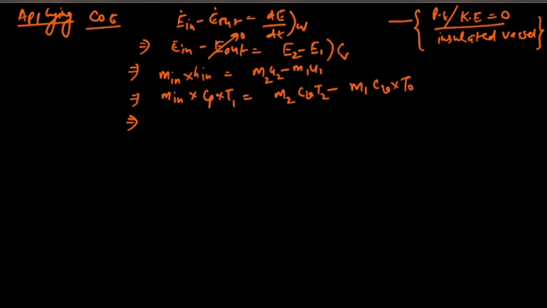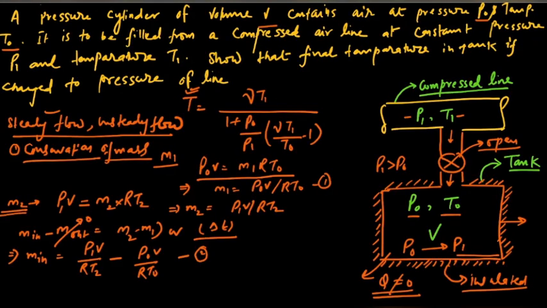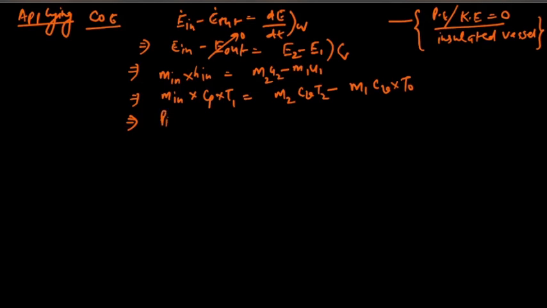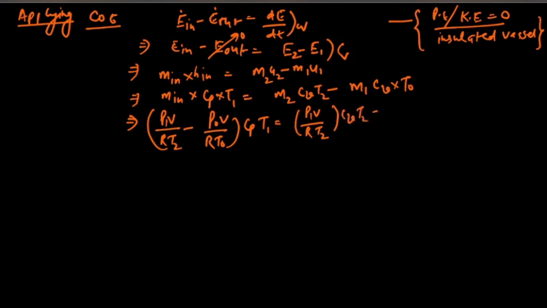Therefore, m in we have calculated as P1 V upon R T2 minus P0 V upon R T0, into Cp T1, equals m2, which we have calculated as P1 V upon R T2, into Cv T2, minus m1, which is P0 V upon R T0, into Cv T0.